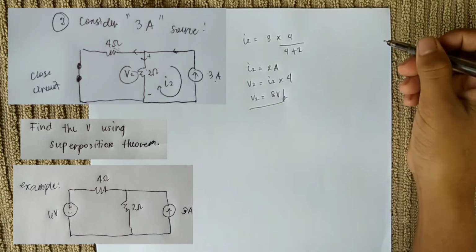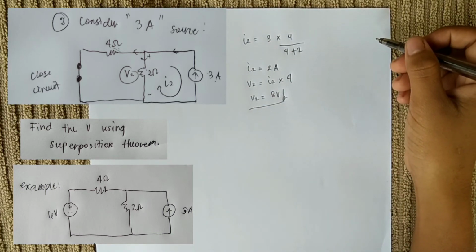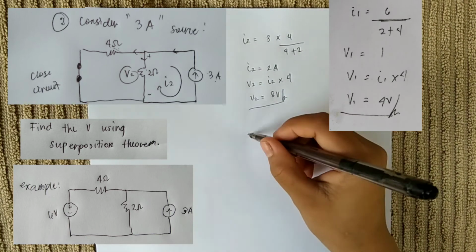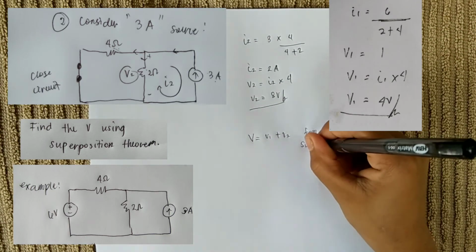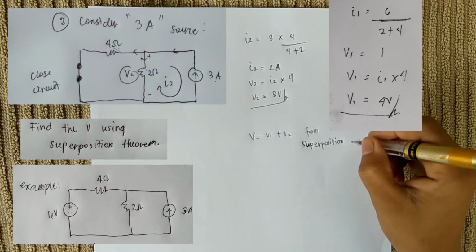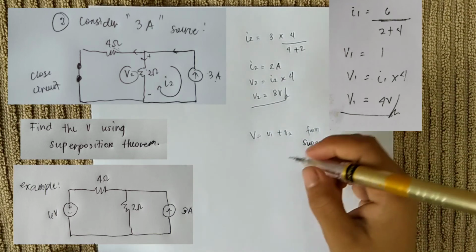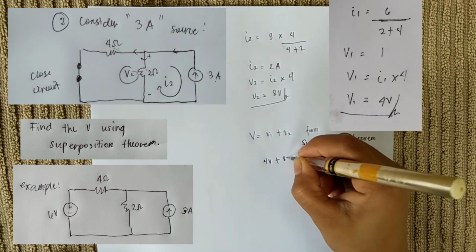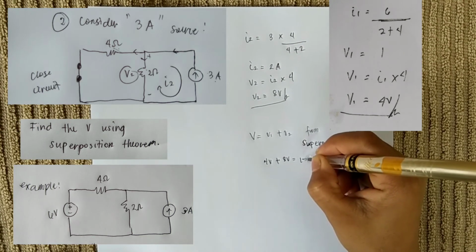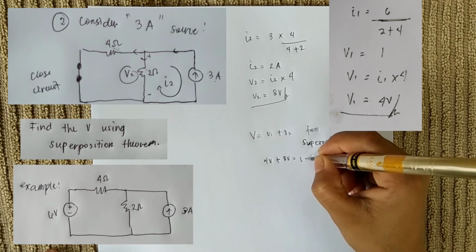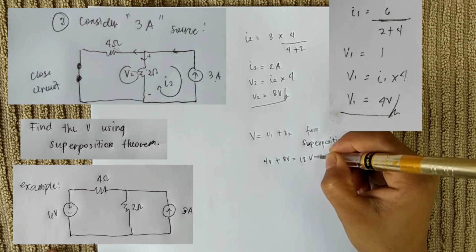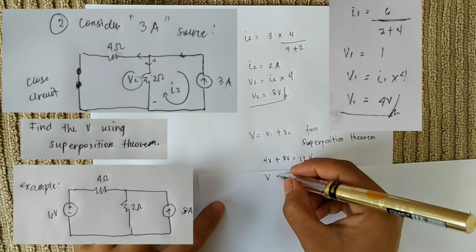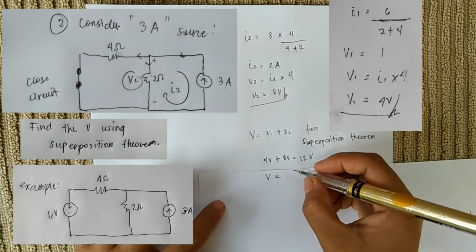So there is a difference between the closed current and the open current; they have different processes of solving. Getting V from the superposition theorem is V1 plus V2. So we have 4 volts plus 8 volts equals 12 volts. So our V is equal to 12 volts.